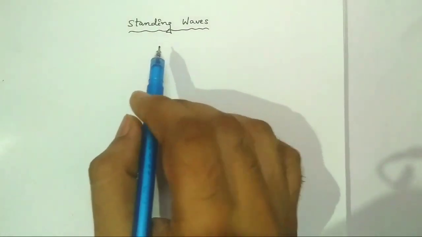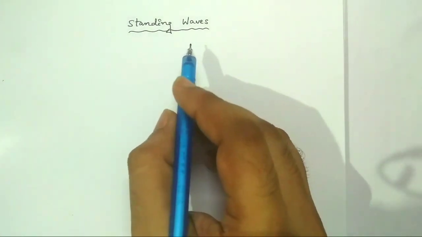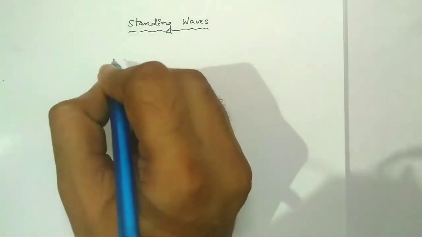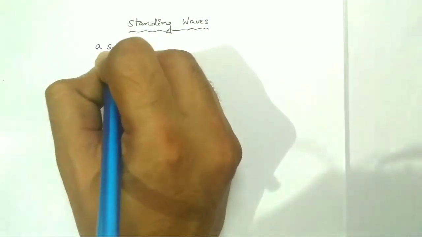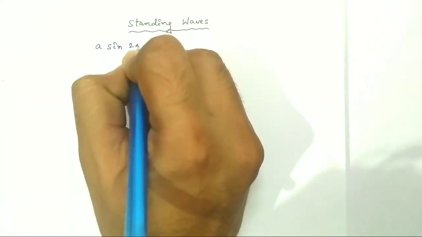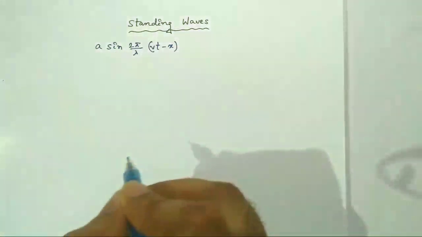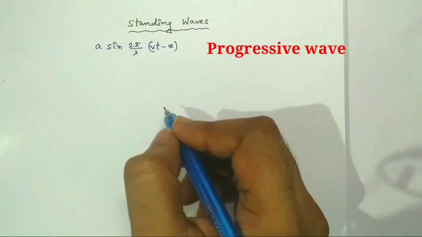Today's topic is standing waves or stationary waves. We know the equation of a progressive wave is given by a sine 2 pi by lambda into (Vt minus x), where the terms are usual.